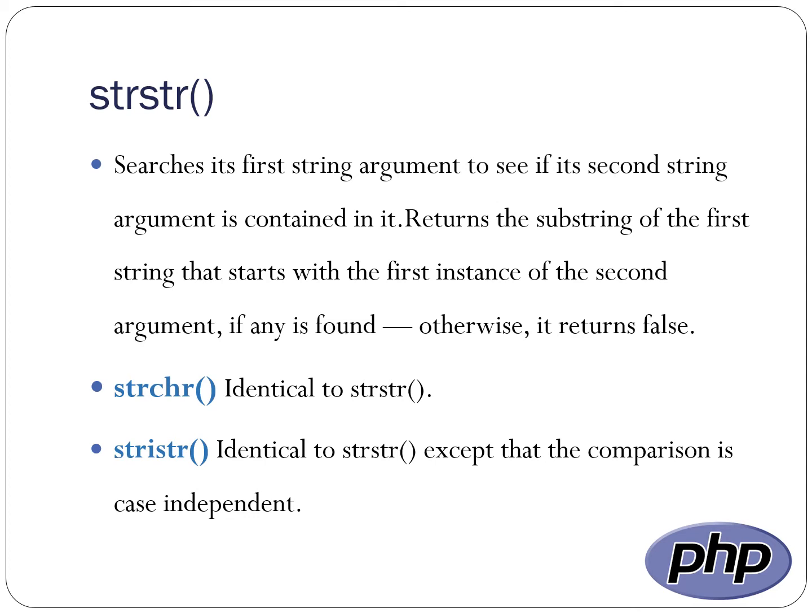This function is used to find out whether the second string is available in the first string. It returns the substring of the first string that starts with the first instance of the second argument, if any is found, otherwise it returns false.